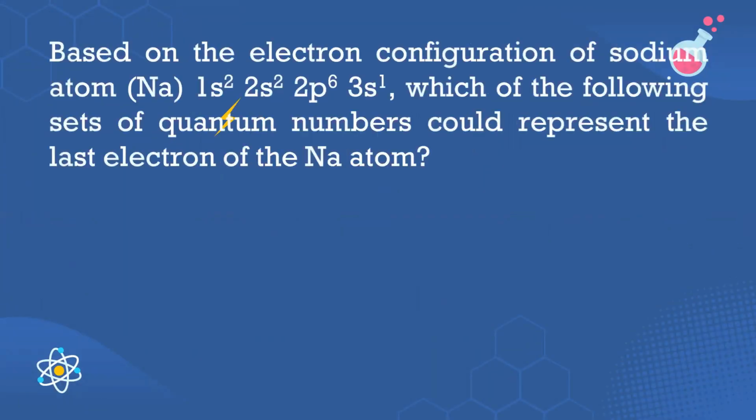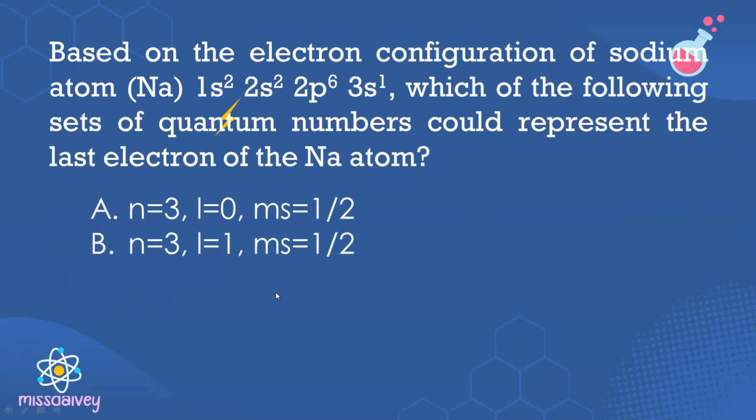Based on the electron configuration of the sodium atom, 1s2, 2s2, 2p6, 3s1, which of the following sets of quantum numbers could represent the last electron of the Na atom? A. n equals 3, l equals 0, ms equals 1/2. B. n equals 3, l equals 1, ms equals 1/2.